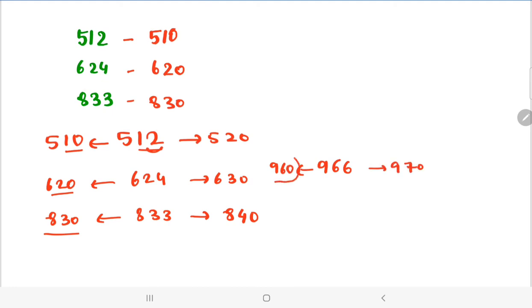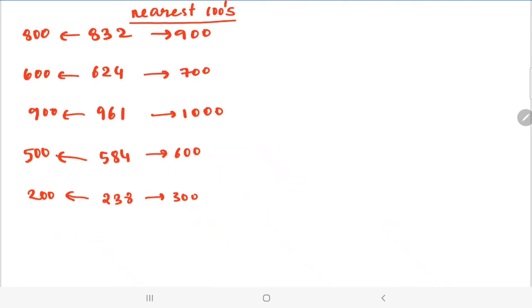It is near to 970. So for 966, I will round it off to 970. So children, if you see here, till now we have rounded the numbers to the tens place.